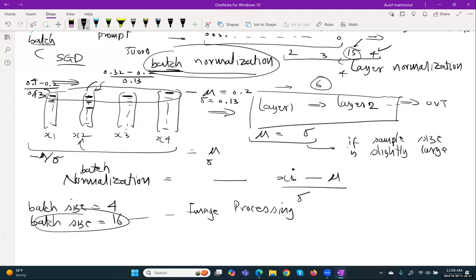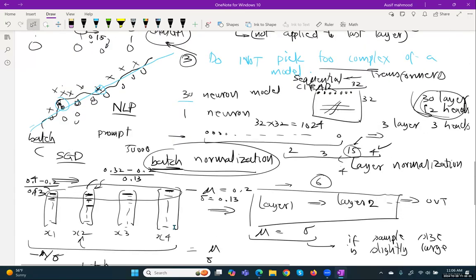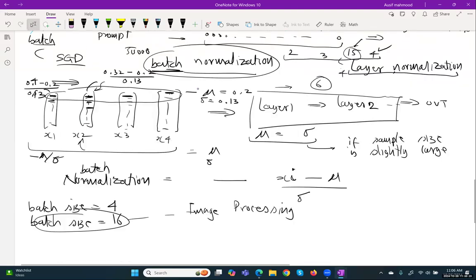Now just for your information, if we are creating a transformer architecture for natural language processing, like I was saying, we don't use batch normalization, we use layer normalization. So what's the difference? In layer normalization, we do not take the mean across the batch.